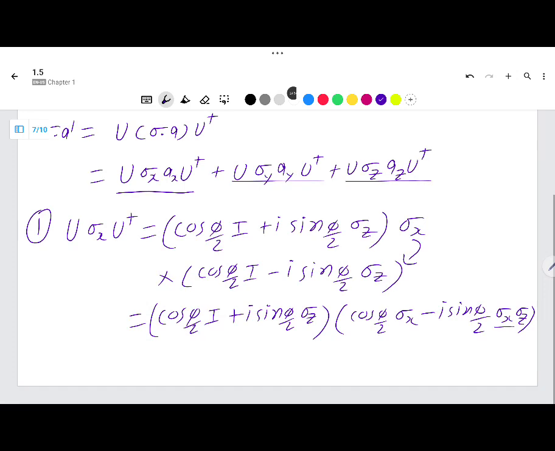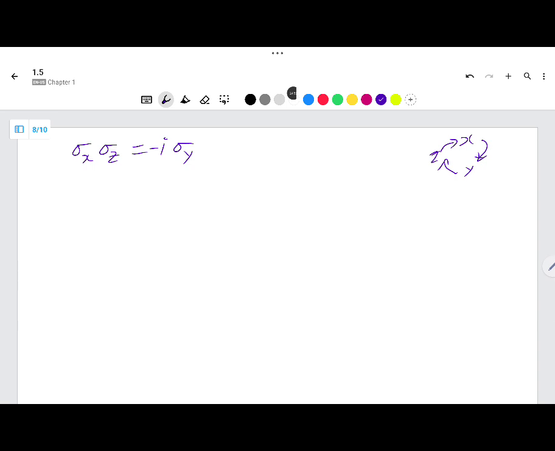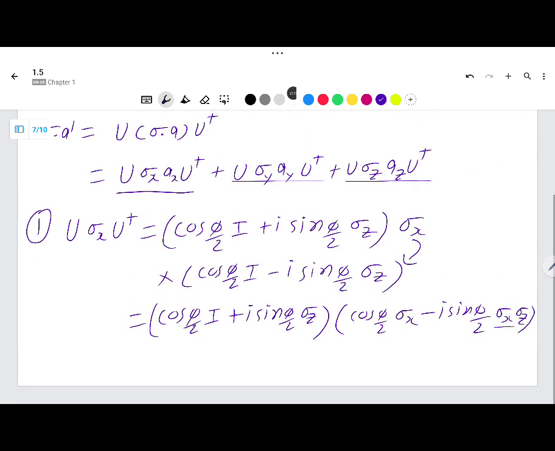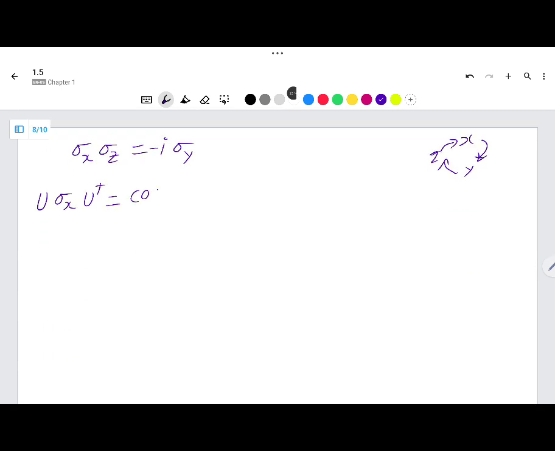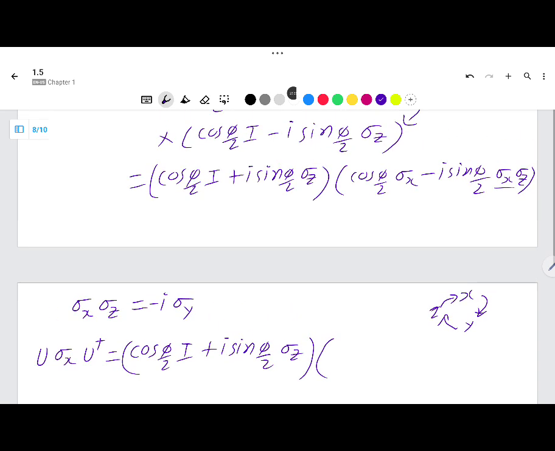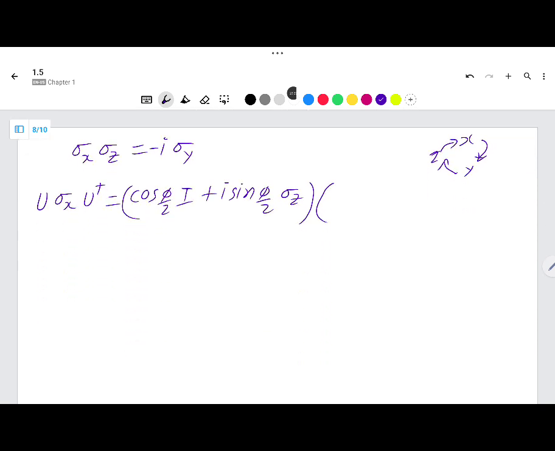So I can change sigma x sigma z to negative I sigma y. So I will have U sigma x U dagger equal to cos phi by 2 times the expression plus I sin phi by 2 sigma z, plus cos phi by 2 sigma x.